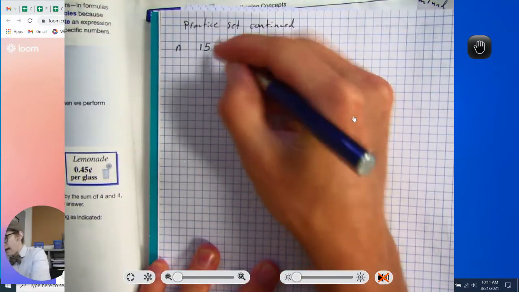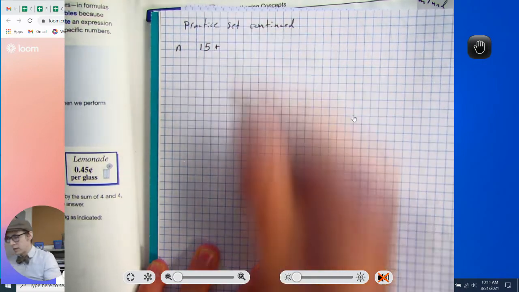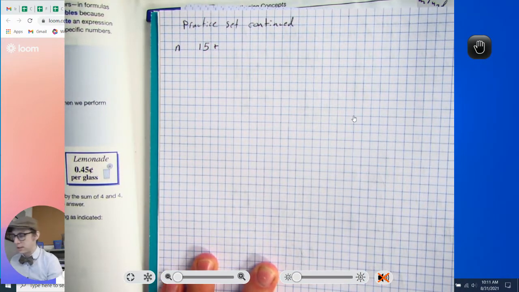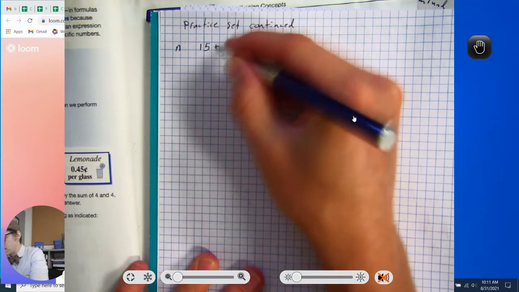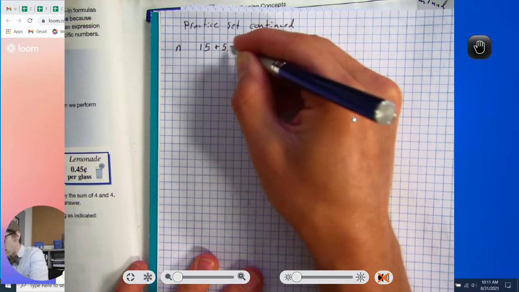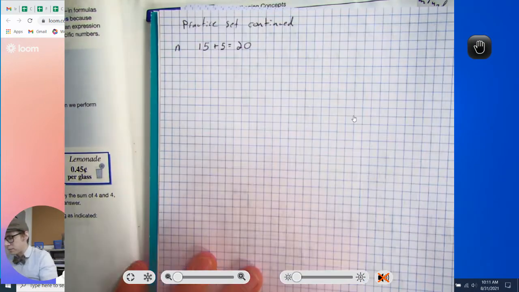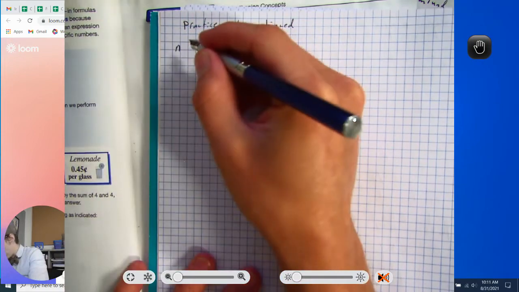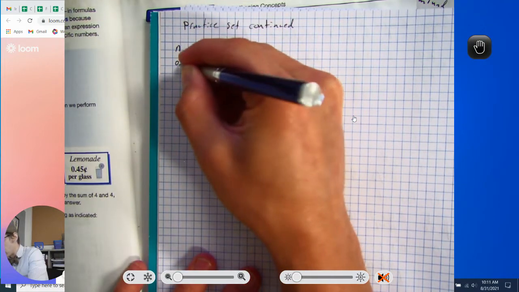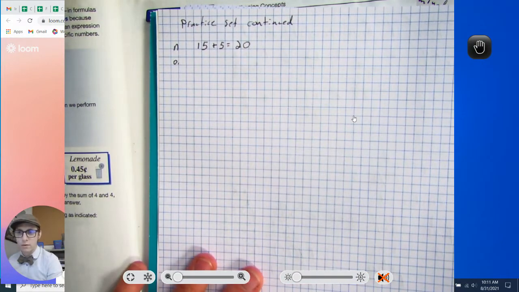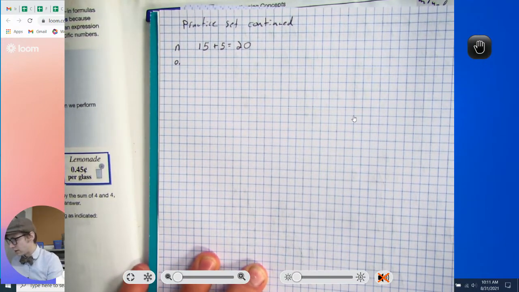So if 15 is an addend, that means that 15 is being added to something. Okay, it's got the word add in it. Hopefully it should be easy. So 15 plus, we'll say, make it easy, 5. That gives us 20. Okay. For N, you could do anything, 15 plus whatever, or whatever plus 15. You have lots of options here.